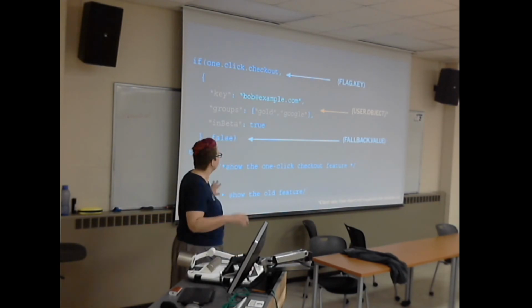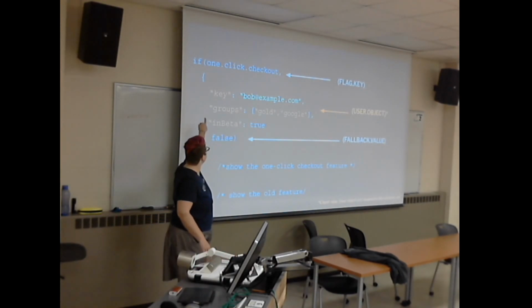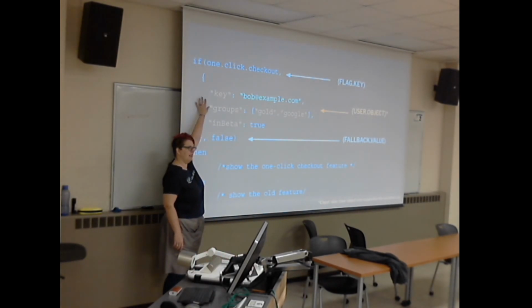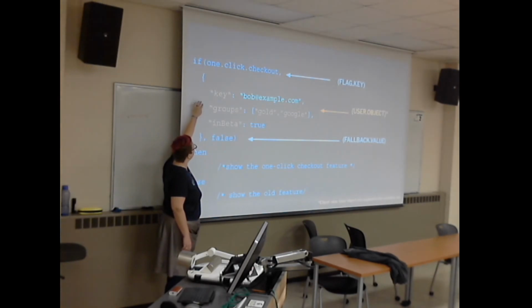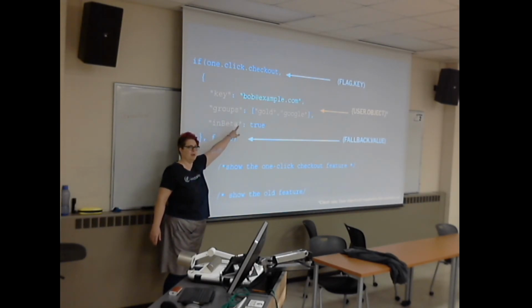So here are the three components of how this works. The user object, here's the key, right? This is the one true key that we're using, which again, I said email was a terrible example, and yet here it is. Bob belongs to these groups. If we had a flag that said nobody in the gold group can see this, even though Bob is in the Google group, he's blocked because he doesn't meet both of those attributes.